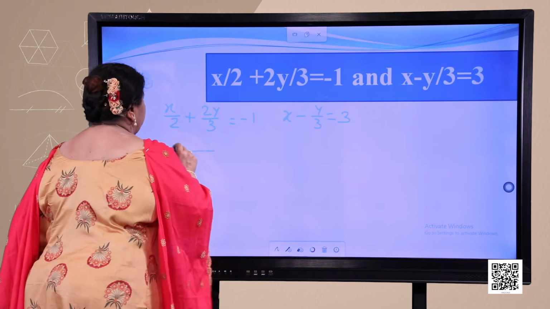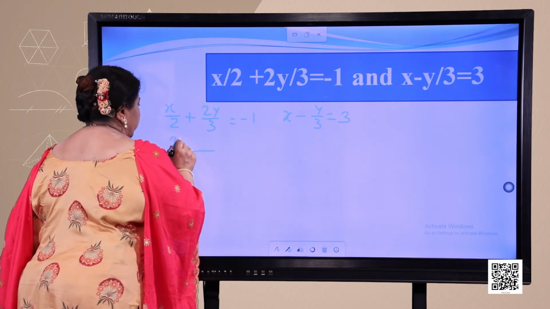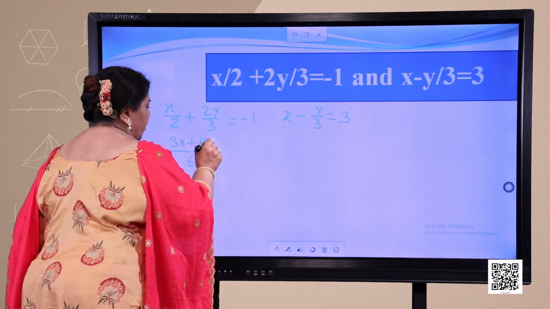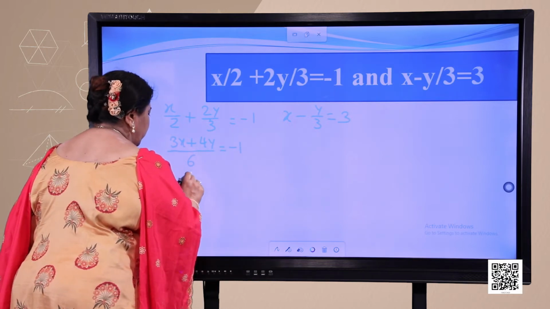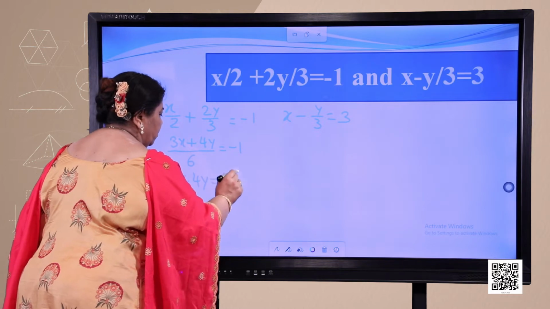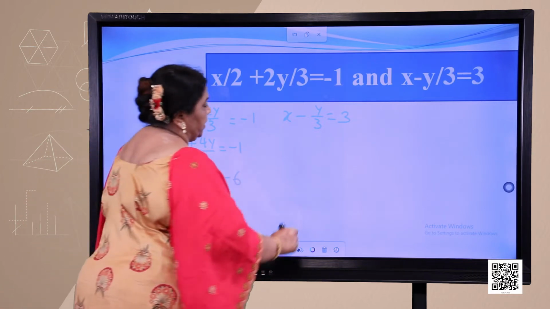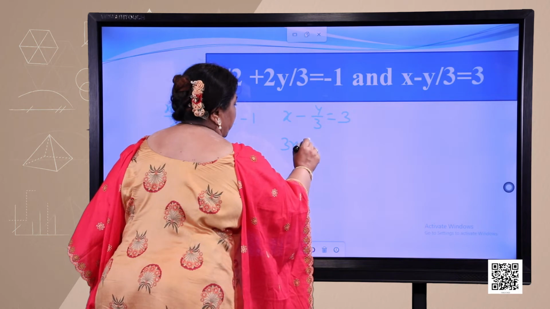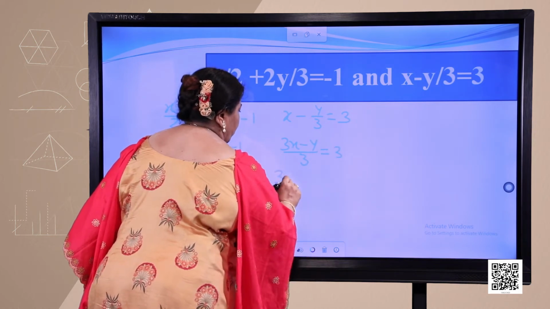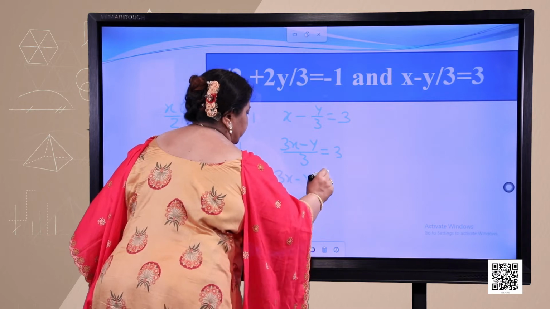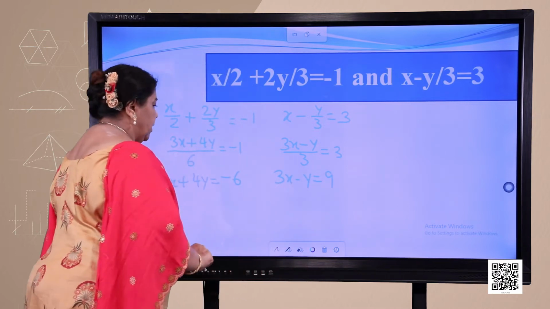What do I get? 3 into x is 3x plus 4y is equal to minus 1. On simplifying, 3x plus 4y is equal to minus 6. What about the second equation? We have 3x minus y upon 3 is equal to 3. If I solve this, I will get 3x minus y is equal to 9.